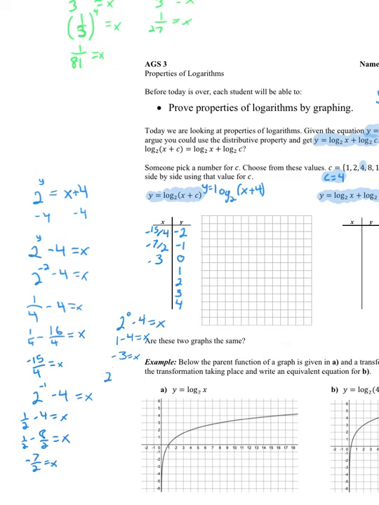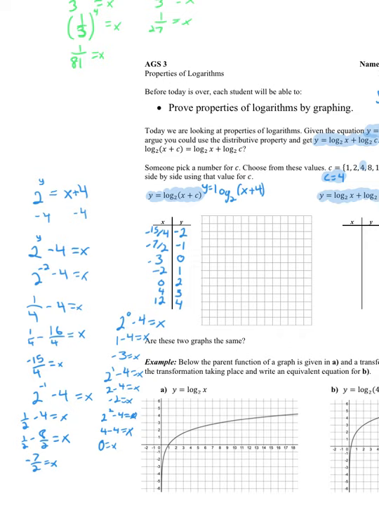And then if I do 2 to the first power minus 4, I get 2 minus 4, which is negative 2. 2 squared minus 4, that's going to get me 4 minus 4, which is 0. And then 2 to the third is 8. 8 minus 4 is 4. 2 to the fourth is 16. 16 minus 4 is 12. We'll do those last couple a little bit faster.